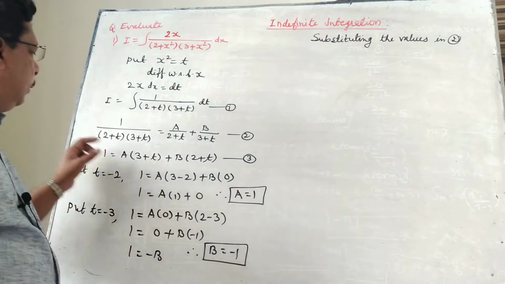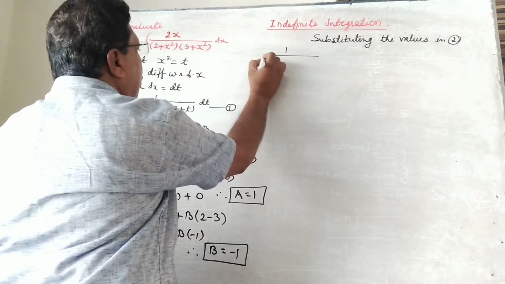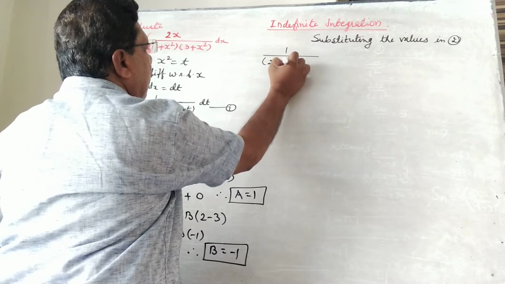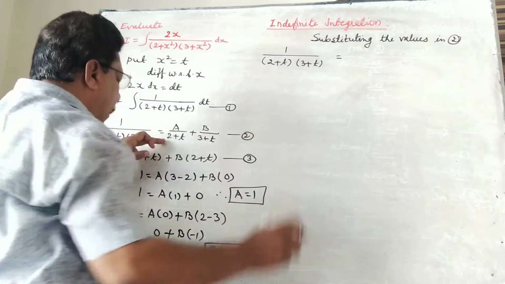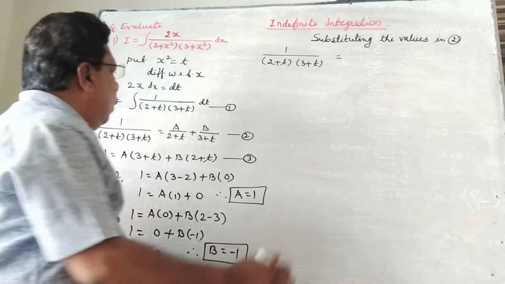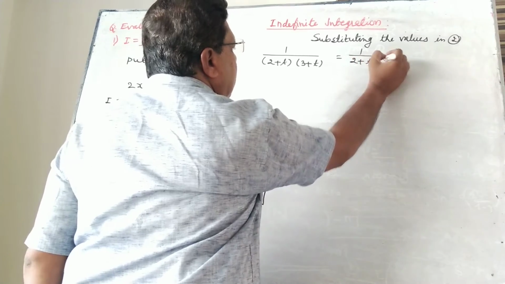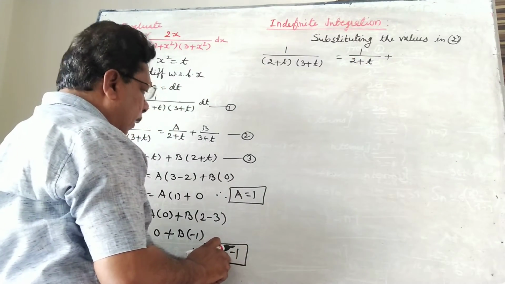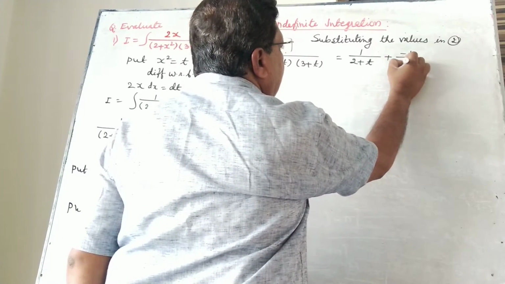Equation 2 becomes 1 upon (2 plus t) into (3 plus t) is equal to a upon 2 plus t, a is 1, so 1 upon 2 plus t, plus b upon 3 plus t, b is minus 1, so minus 1 upon 3 plus t.